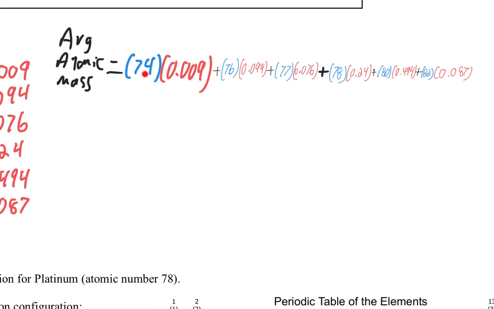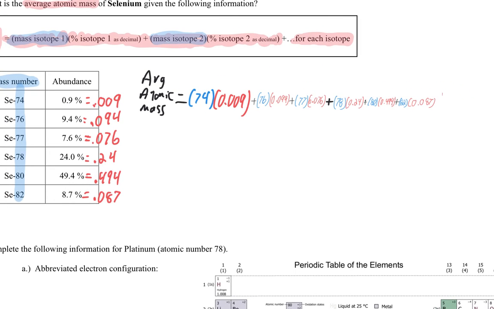So now I'm going to go do the multiplication for each of these mass times percent as a decimal. All right, I get a handy calculating device, and I see that I have 0.67.